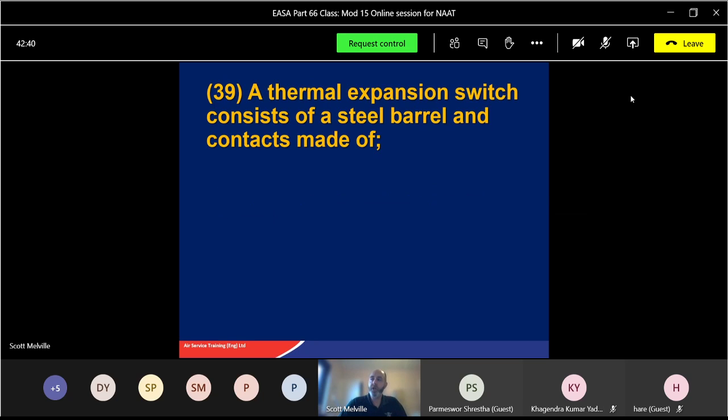A thermal expansion switch consists of a steel barrel and two contacts made from what type of material? Say again? Invar. No, you're thinking of another one.